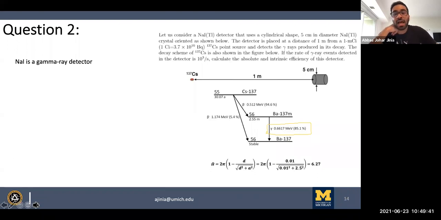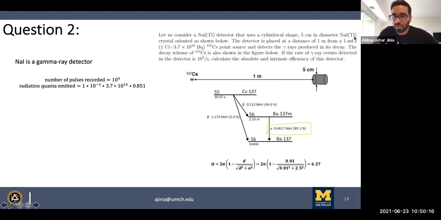And when it decays by beta minus, it is 85% probable that it will emit a gamma ray, which is 662 keV. And since sodium iodide is a gamma ray detector, we will be seeing the 662 keV gamma rays from the cesium-137 source.